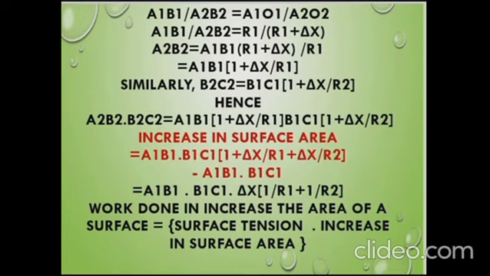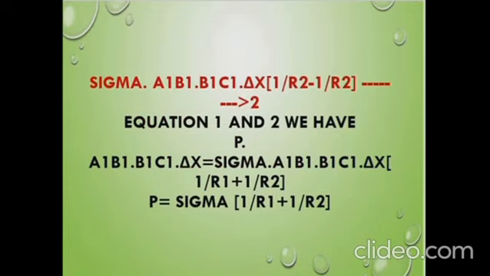Work done in increasing the area equals surface tension into the increase in surface area. Sigma into A1B1 into B1C1 into del x into 1 divided by R1 plus 1 divided by R2.